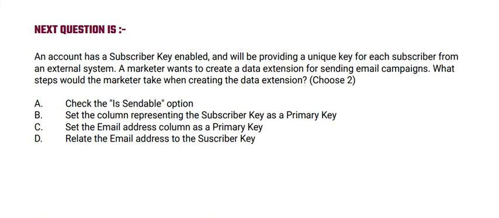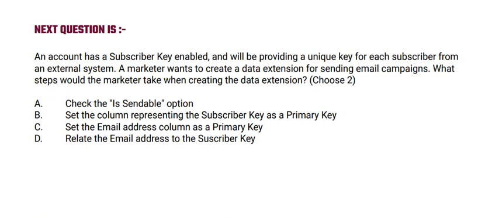Next question is, an account has a subscriber key enabled and will be providing a unique key for each subscriber from an external system. A marketer wants to create a data extension for sending email campaigns. What steps would the marketer take when creating the data extensions?